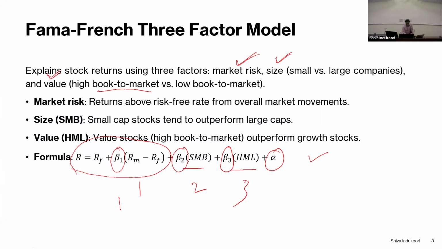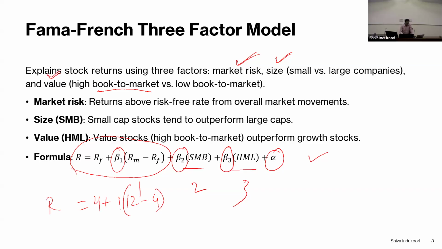What does that mean? You also have a risk-free return of 4%. You said 4%, right? Treasury. 4% plus 1 into, say, market return of 12% minus 4%. So what is the expected return?